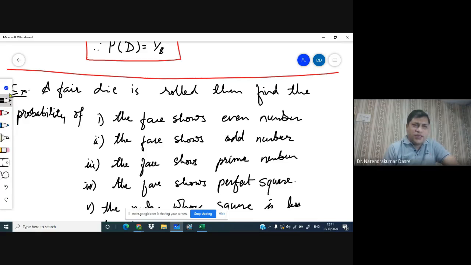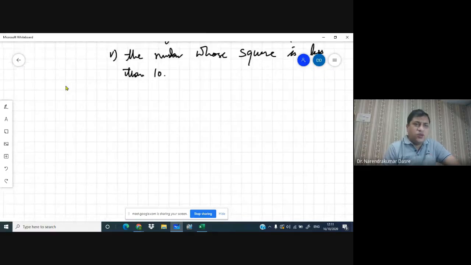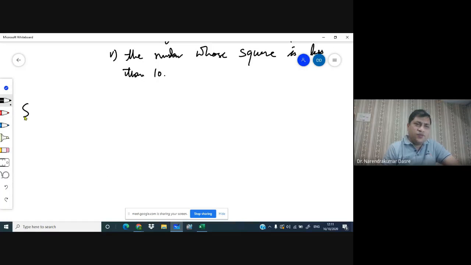Let us find the probabilities of these events. First, to find the probability, we have to write the sample space if possible.